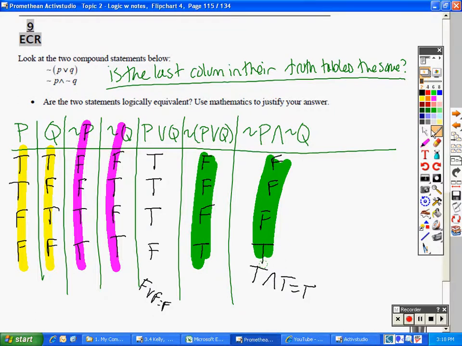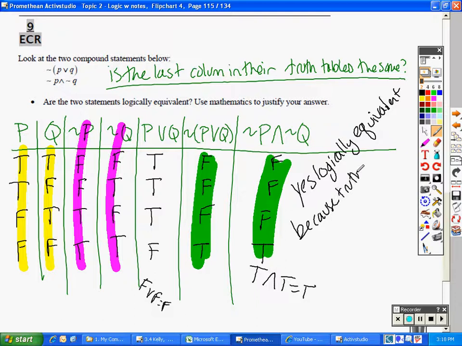Because the last columns are the same, yes, they are logically equivalent. And by last columns, I mean really the columns that represent all of their values. Logically equivalent because truth values are identical. All right.